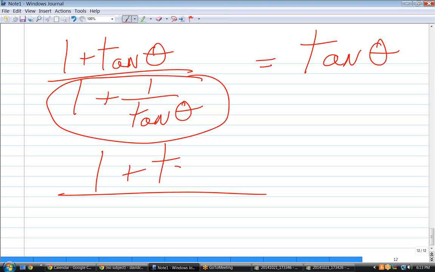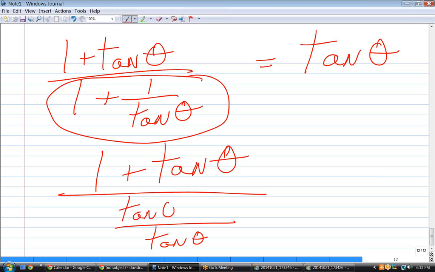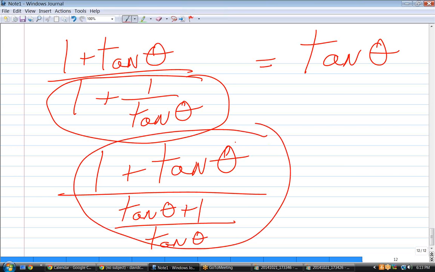There's the numerator. It's going to be tangent theta plus 1. Now perform that operation.